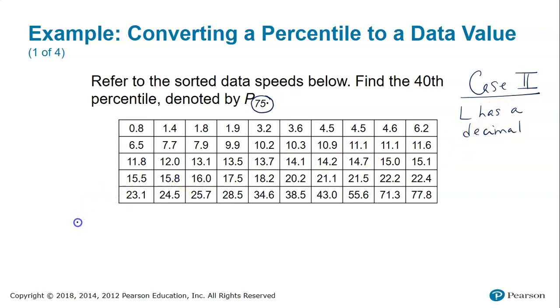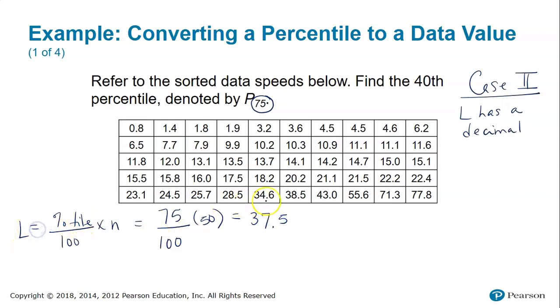With this one, we take the percentile, divide it by 100, and then multiply it by n. My percentile was 75. I'll divide it by 100, and then multiply it by 50. When I do that, I get 37.5. So that's my L here, 37.5.